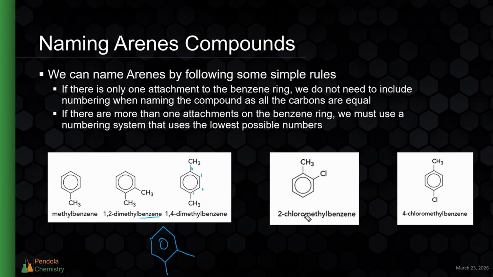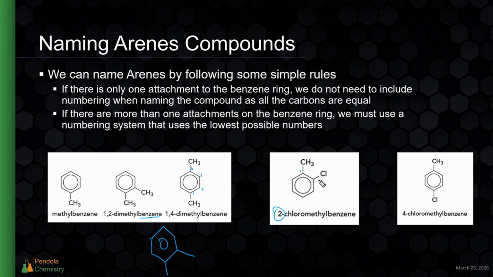multiple different types of functional groups, like for example a chlorine with a methyl, then we do need to state where that side functional group is. So 2-chloromethylbenzene, for example, would be a benzene ring with a methyl group and then the chlorine on the second carbon.